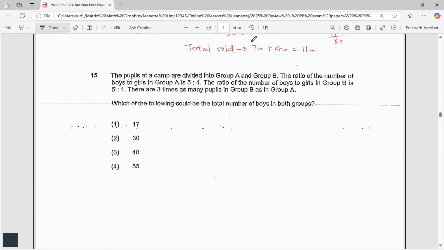So what we do is the same thing as question 4. Try to find a common base. Let's write our ratios first. Firstly, 5 to 4, the ratio of boys to girls in group A: boys in A versus girls in A, 5 to 4.